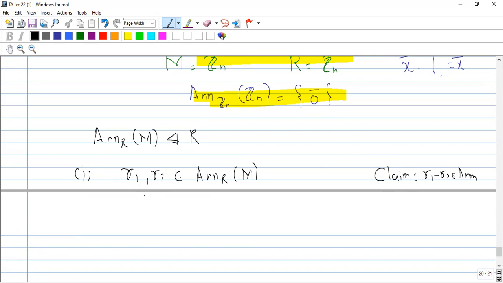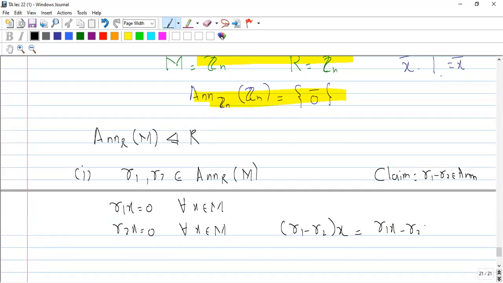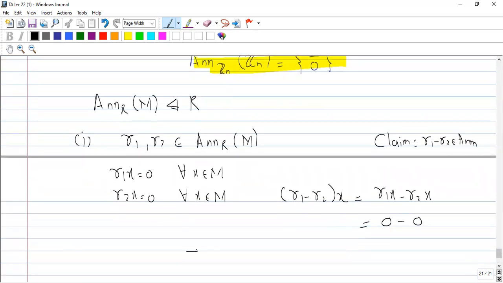So if R1 and R2 are from the annihilator, it means that R1x is equal to 0 for all x in M, and R2x is equal to 0 for all x in M. So if you multiply R1 minus R2 with x, it is equal to R1x minus R2x. So it is equal to 0 minus 0. So this implies that (R1 minus R2)x is equal to 0 for all x in M, which implies that R1 minus R2 is in the annihilator.